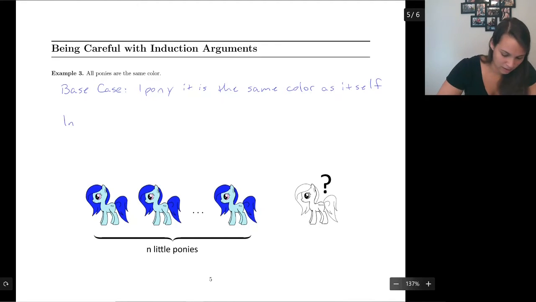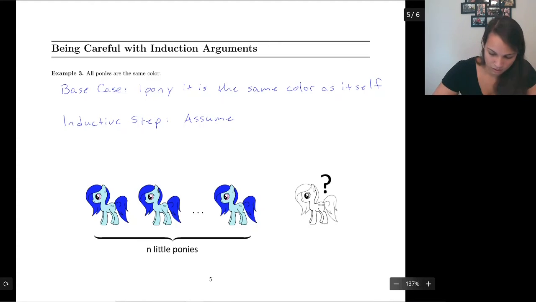And then we have our inductive step. Assume groups of n ponies are the same color.